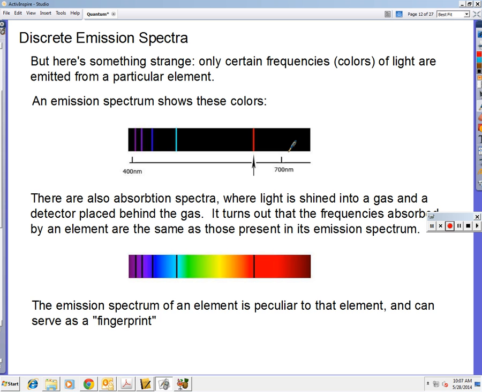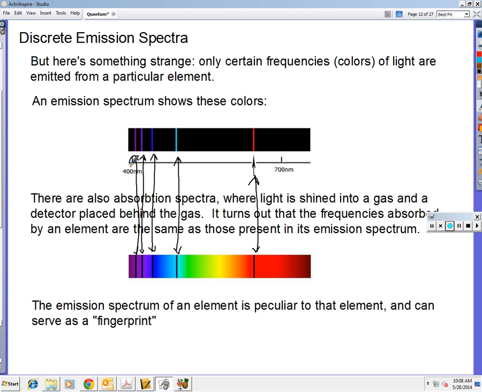You shine light into a gas, and you place a detector behind the gas. Some of the light is absorbed, but others of it passes straight through, and an absorption spectrum for hydrogen is exactly the inverse of the emission spectrum. It absorbs and emits the exact same energies.